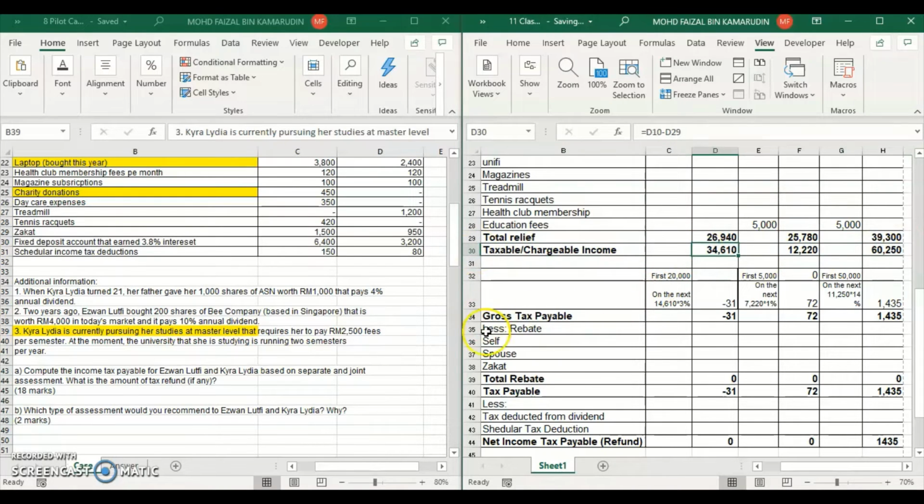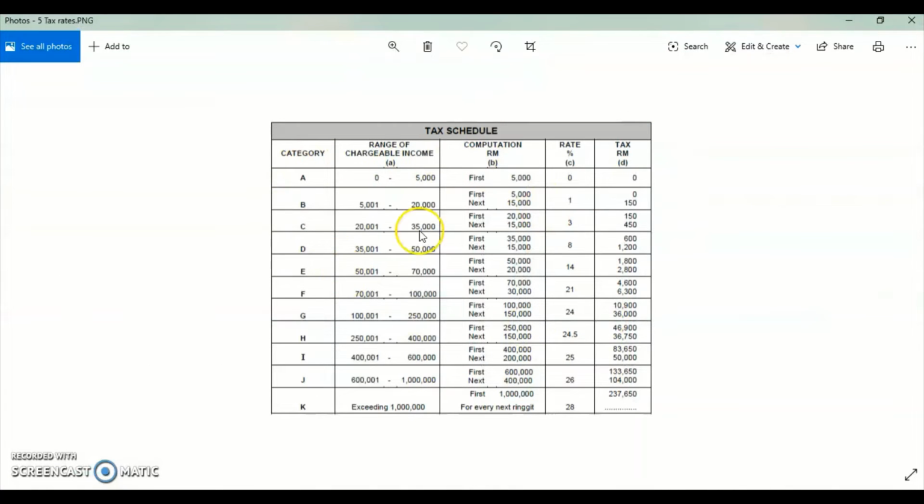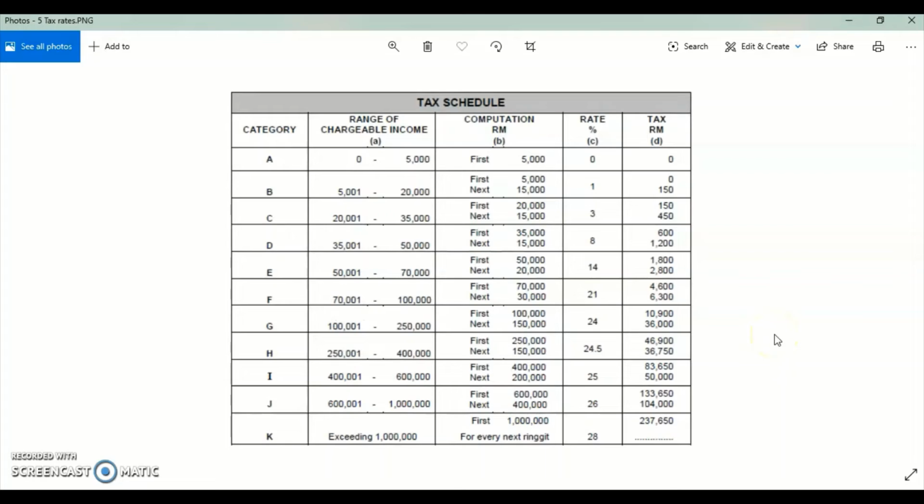And then for the gross tax payable, how do we go about it? We have to refer to the tax schedule that was given earlier.